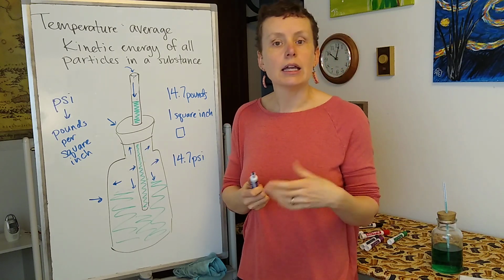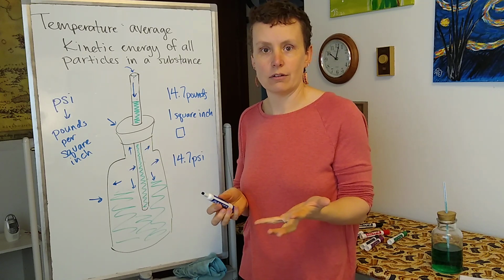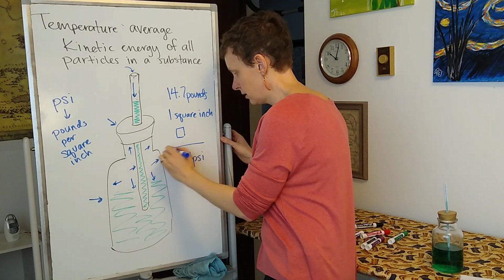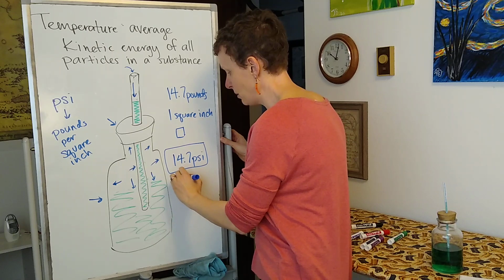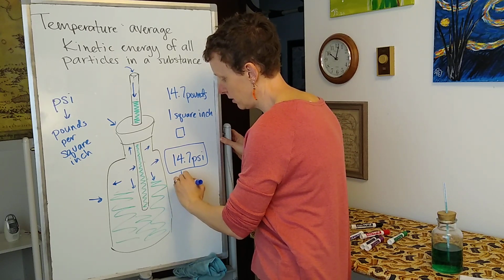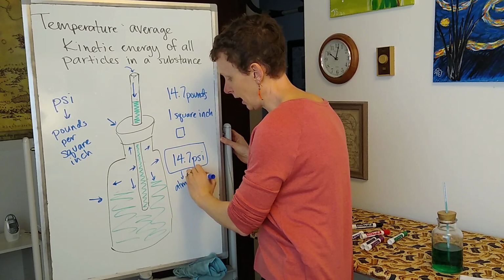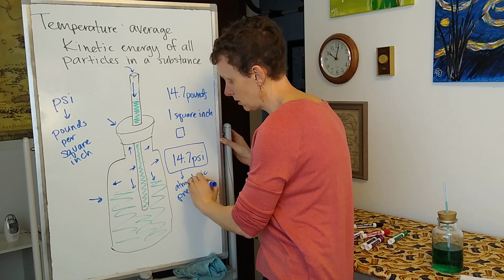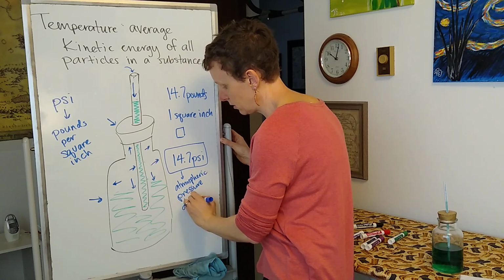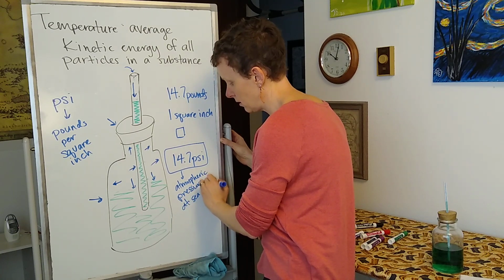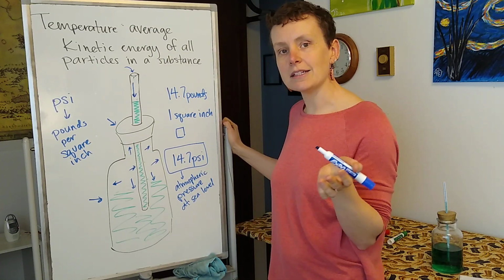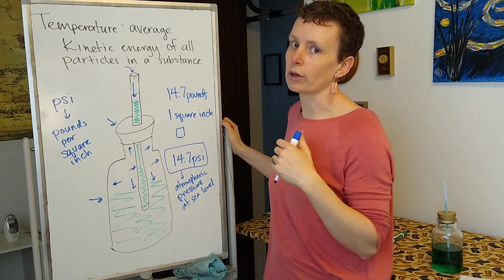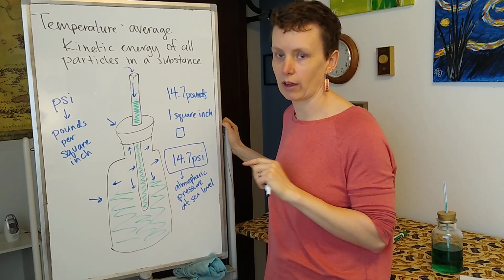Okay, it is the pressure at sea level. This right here is the atmospheric pressure at sea level. So when you're at sea level, you go visit grandma in Florida, but not right now because there's a lot of coronavirus there, okay?